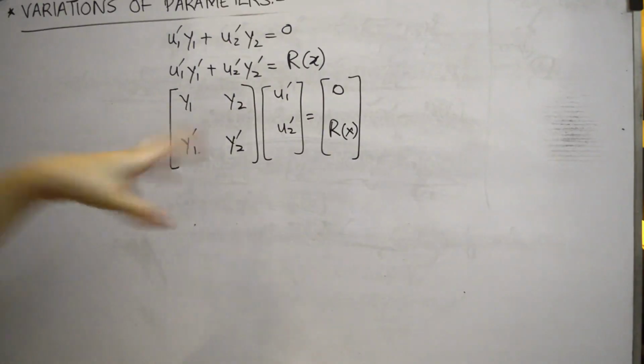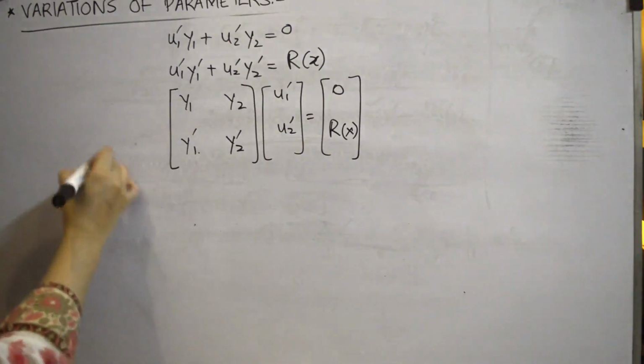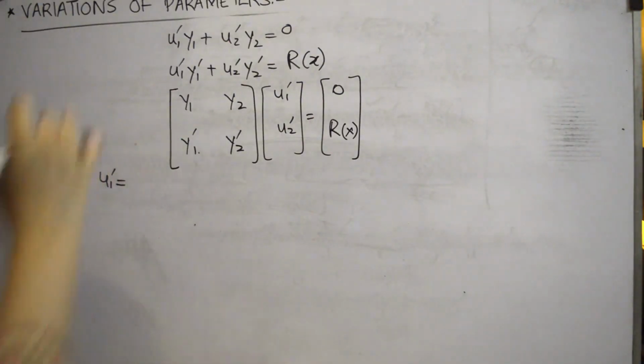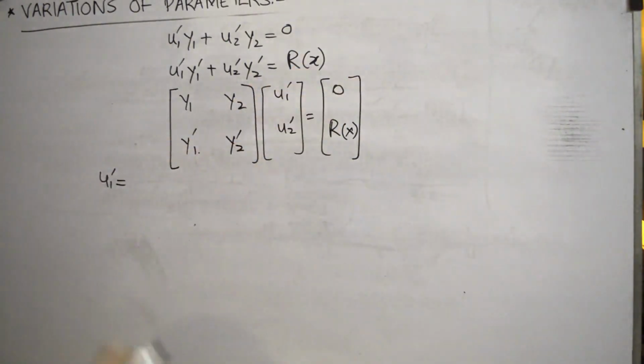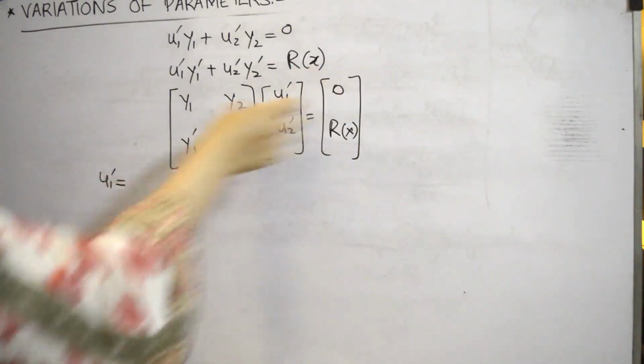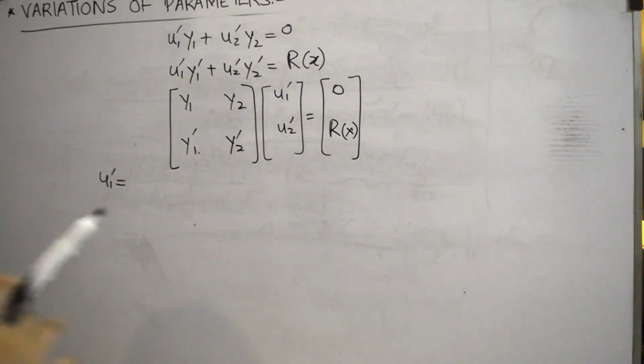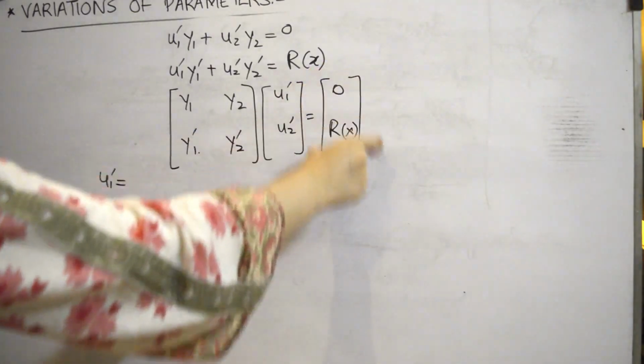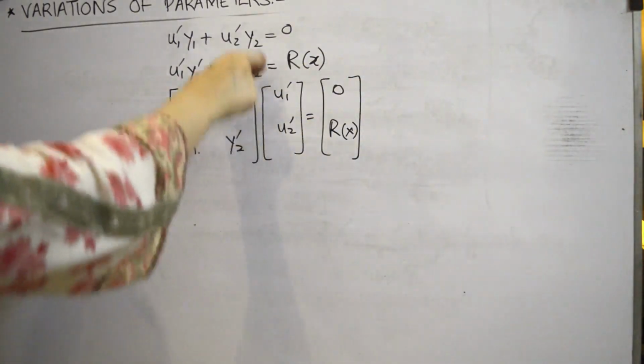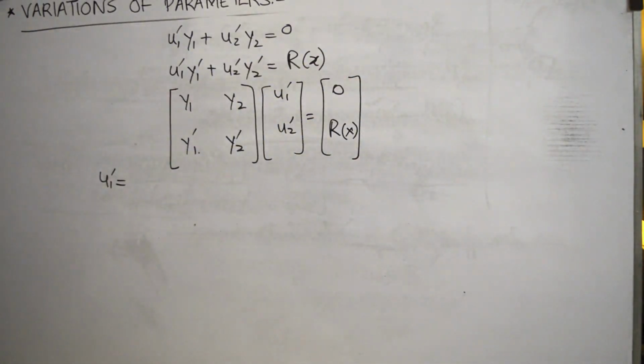For finding out the first variable u1 dash, you have to replace this right hand side vector instead of the first column, and for finding out the second unknown u2 dash, you have to replace this right hand side vector instead of the second column, divided by its determinant, because Cramer's rule is all about the determinants.